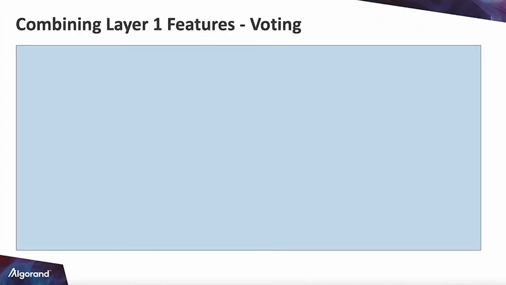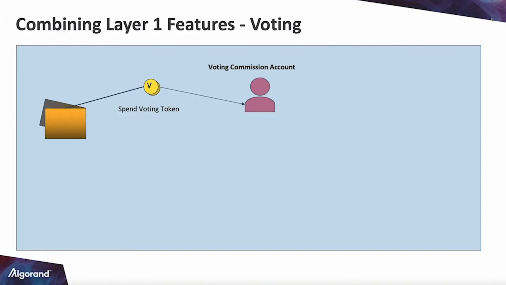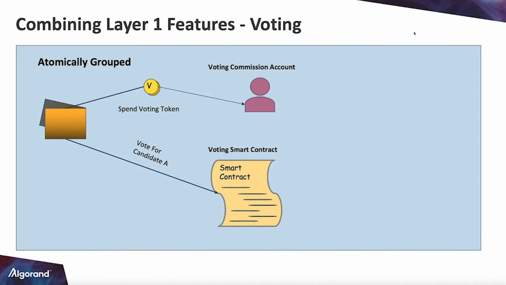All right, let's talk about some solutions here. One is voting. Let's say you've got a voting commission and you get a spending token. Well, what you want to do is atomically group what I'm about to show you here. So you're going to get that particular token, and then you want to send it out to an individual to vote. And they want to vote for, say, candidate A. And so now you've got a voting smart contract.